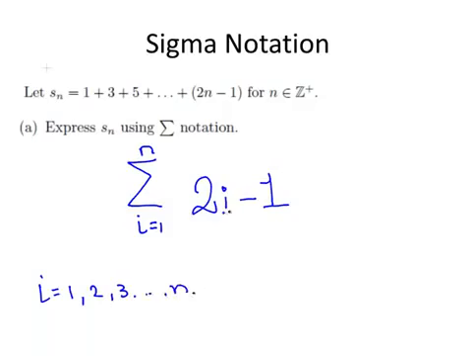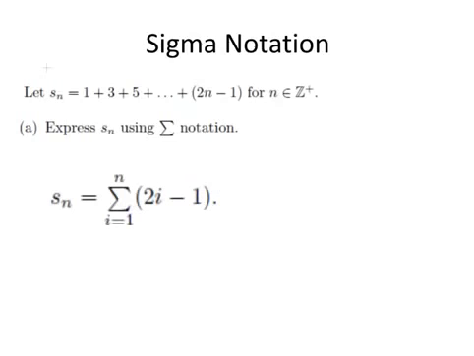That's why we don't use n in here, because it just confuses things. So the sum from i equal to 1 to n of 2i minus 1. I have that written again on the next slide. S of n equals the sum from i equal to 1 to n of 2i minus 1.